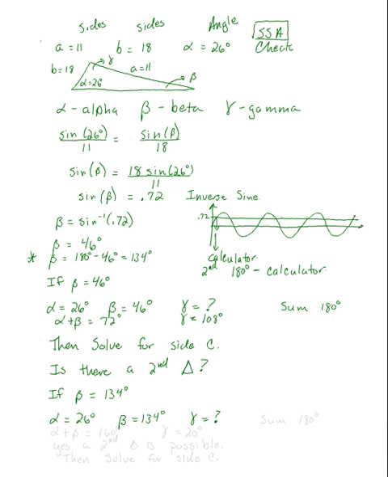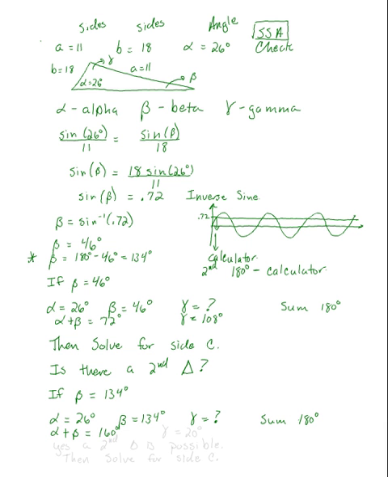Alpha plus beta have to sum up to 180 degrees. All the angles in the triangle have to add up to 180. So if I add 26 and 134, I get 160 degrees. And in this case, there is room left over for that gamma.